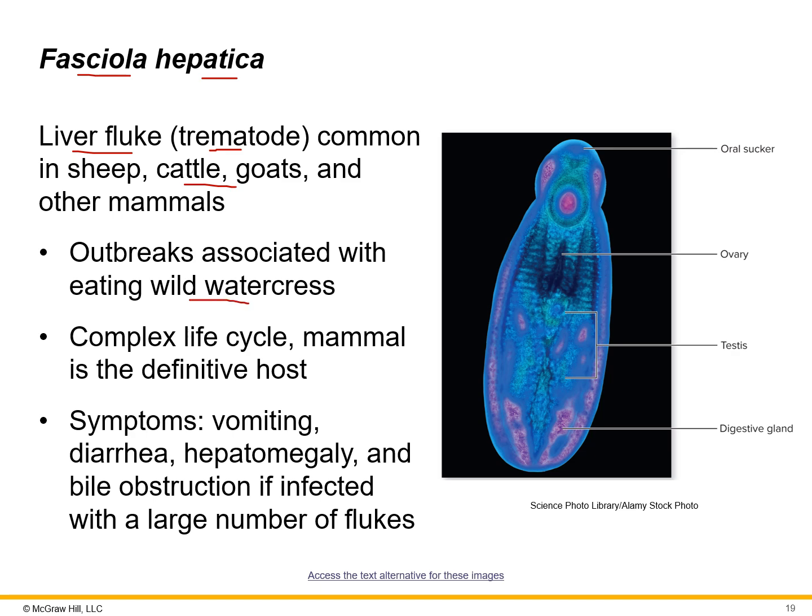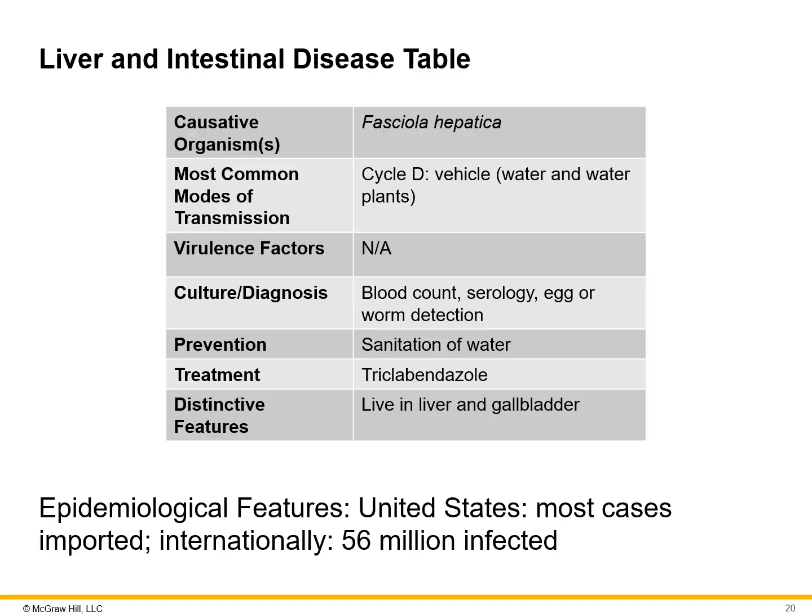It does have a kind of complex life cycle, but mammals, regardless, are the definitive host where sexual reproduction can occur. But the symptoms involve vomiting, diarrhea, again, that infection there of the liver, so hepatomegaly. It obstructs the bile if infected with a large number of them.